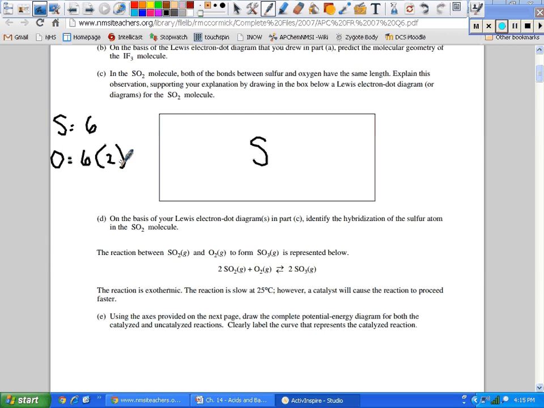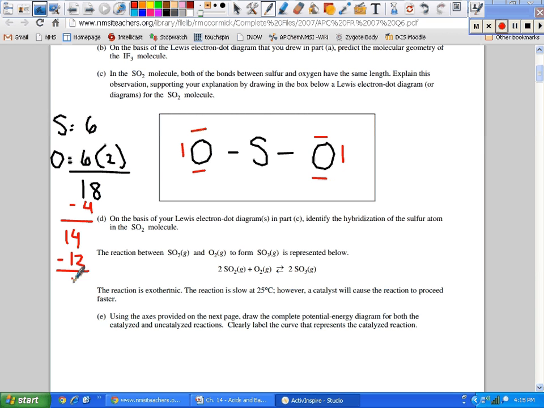So we know we have a bond here and a bond here. So how many is that total right there? 4. So minus 4 is 14. Now what do we do first? Fill up the outside. So 2, 4, 6, 8, 10, 12. So what does that give me left? That gives me 2. Well, what is the problem with that? The inside's off by 2.